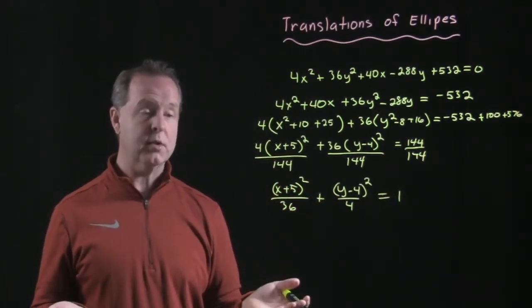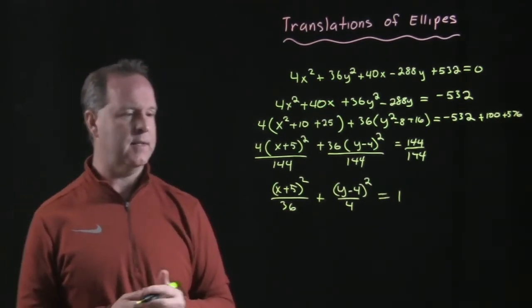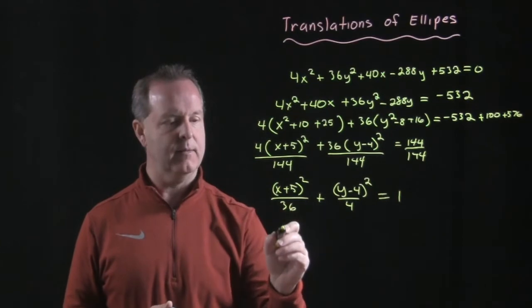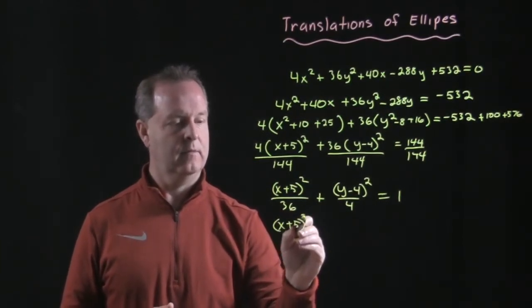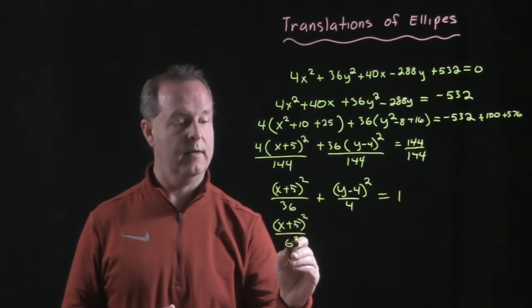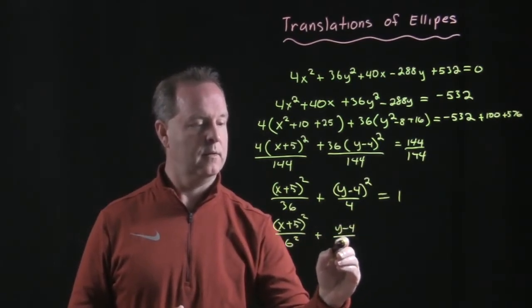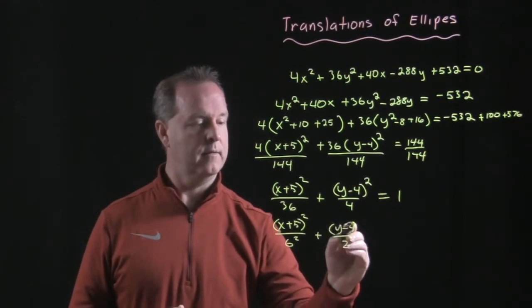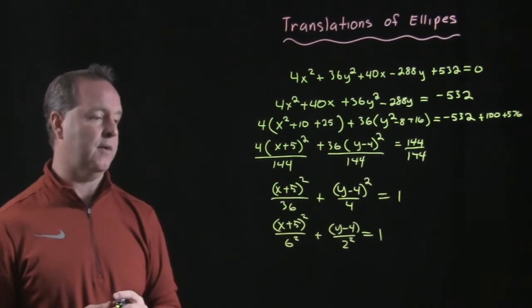All right, so it looks like we have the information that we need. And if I want to clear this up a little bit, this is going to be x plus 5 all over 6 squared, and y minus 4 all over 2 squared. Sometimes people do that to identify their a's and b's fairly well.